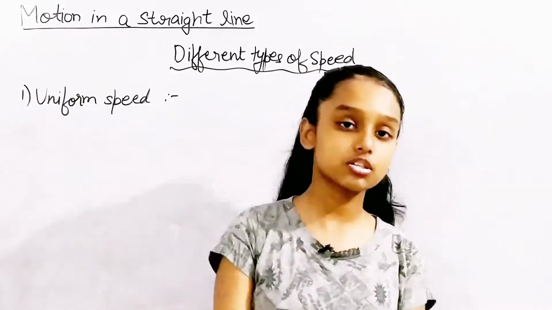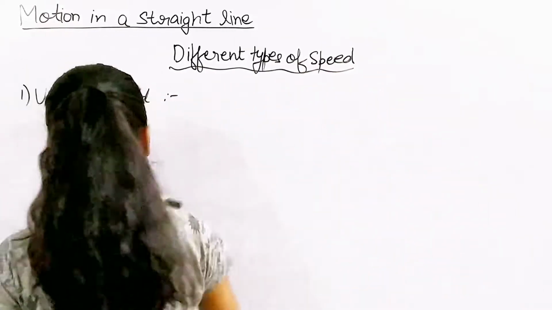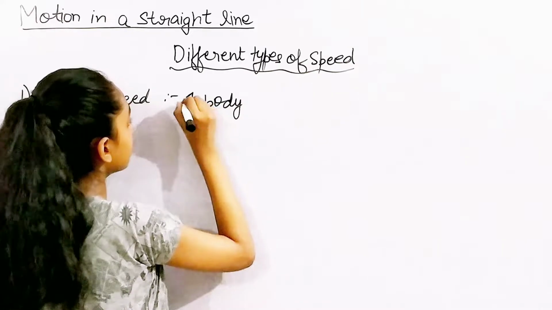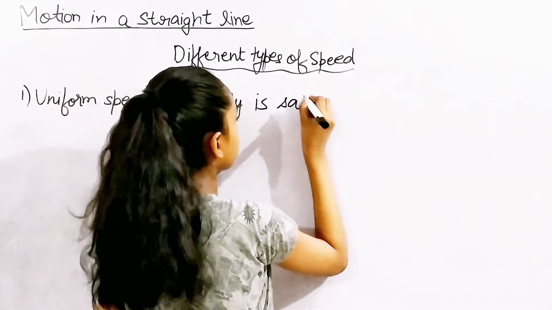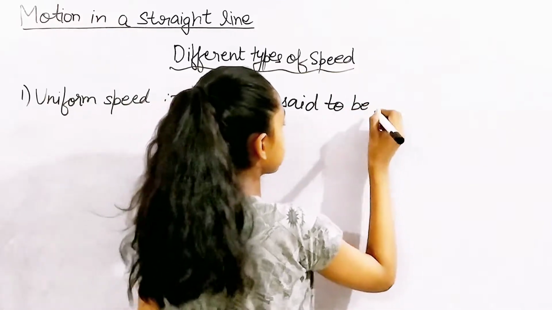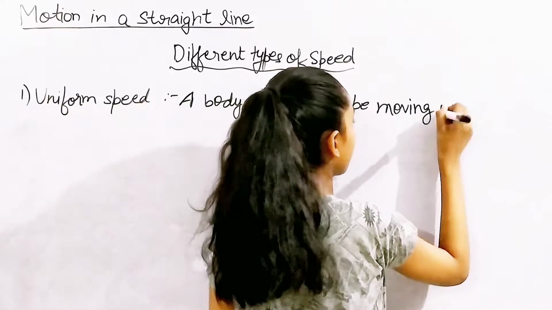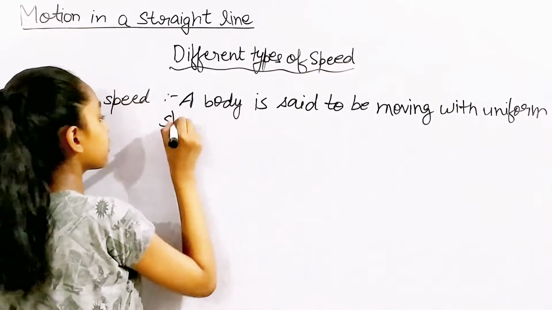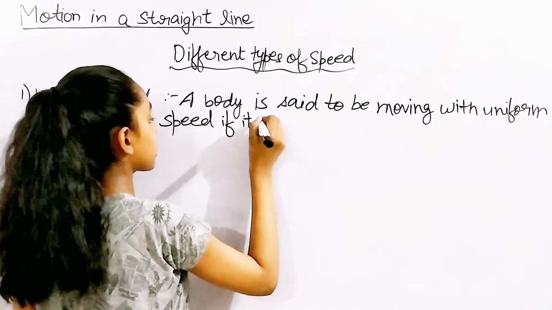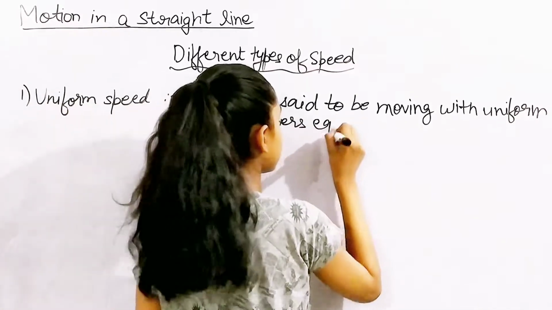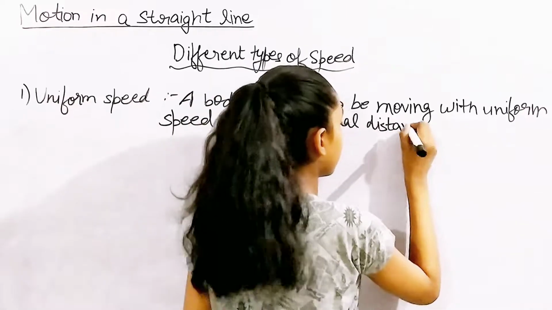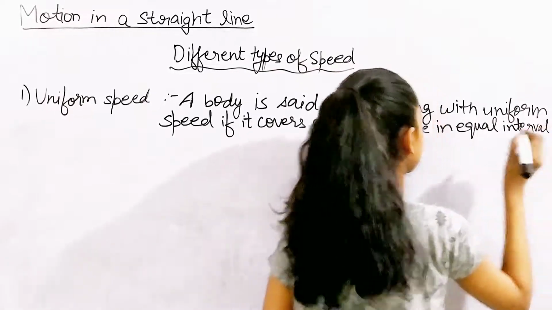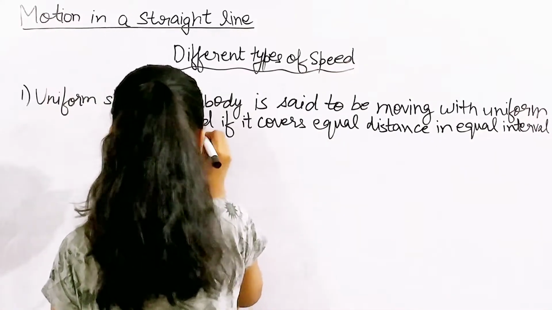Okay, so now let's write the statement. If a body is said to be moving with uniform speed if it covers equal distance in equal interval of time, right?